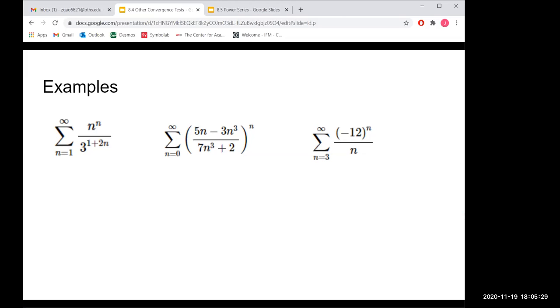Variable in the exponent for numerator and denominator. Yeah, that's pretty much the main idea.